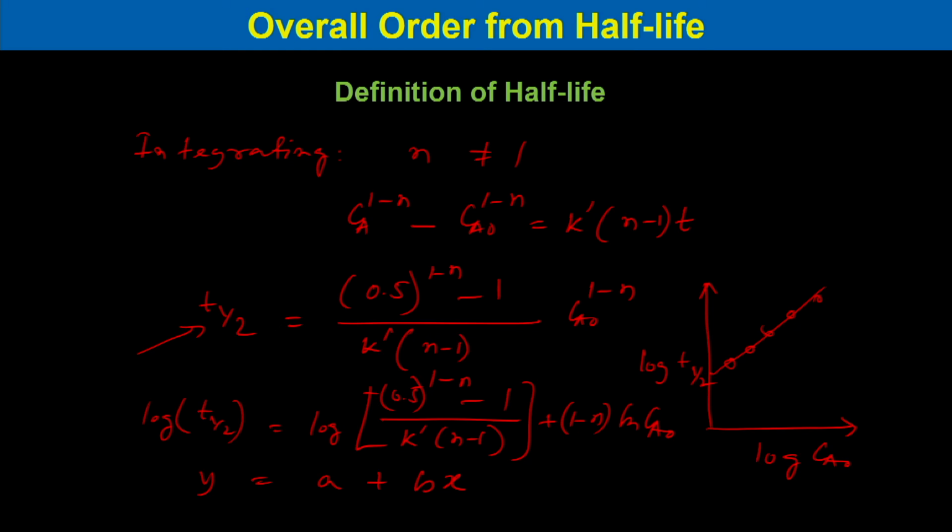So, the slope of this curve would be equal to 1 minus n, and this is valid for order n less than 1.